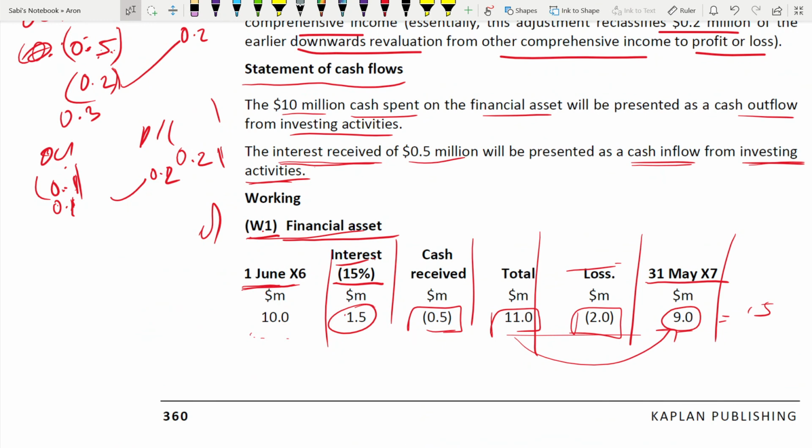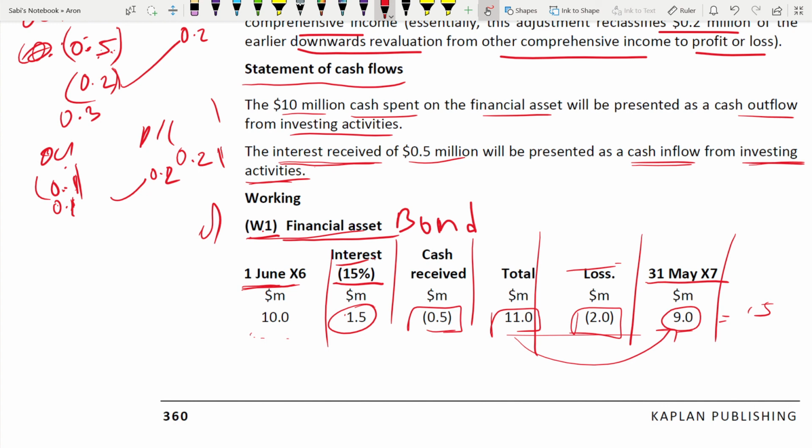Okay, it's a cash received, but you have to deduct it, because it will reduce the amount of your financial asset. That means this financial asset is a bond. So the amount of cash that you have received will reduce the amount of bond that you will be receiving more in the future. So 0.5 will be deducted.